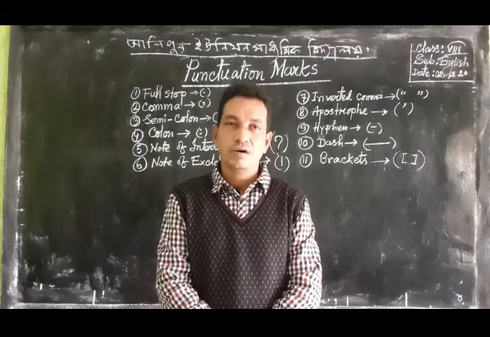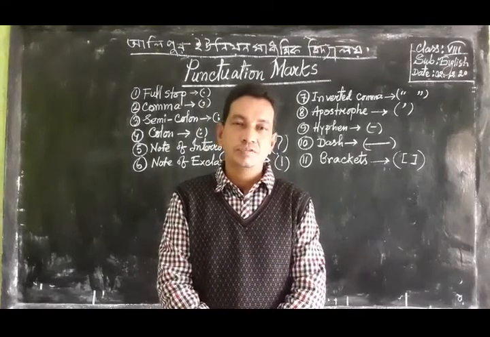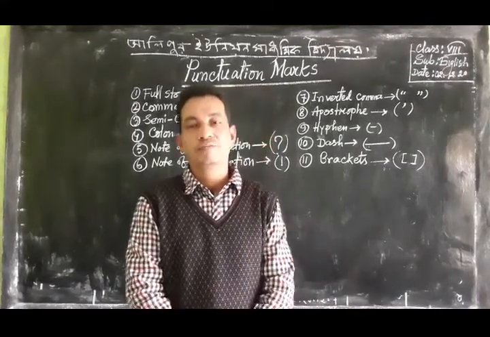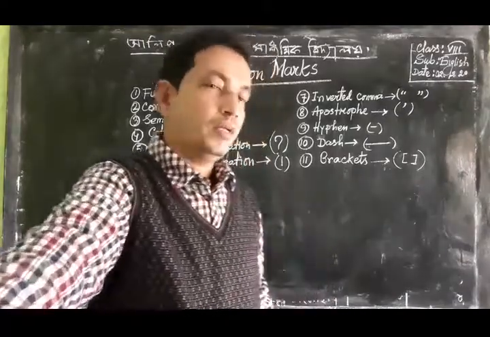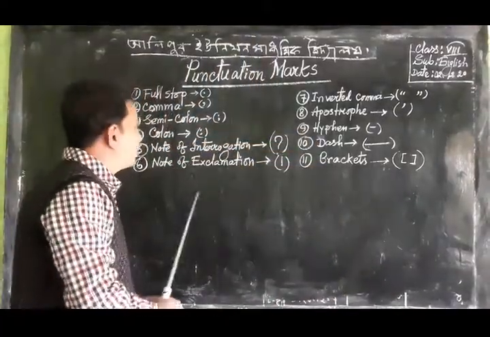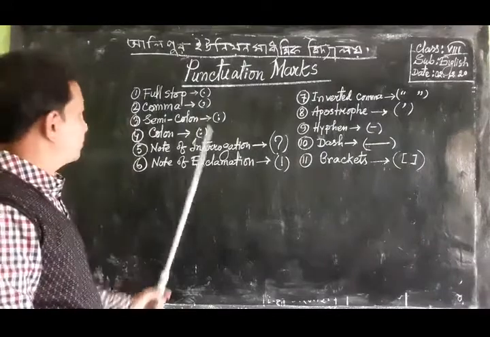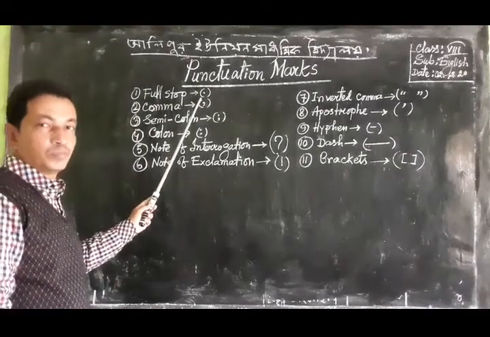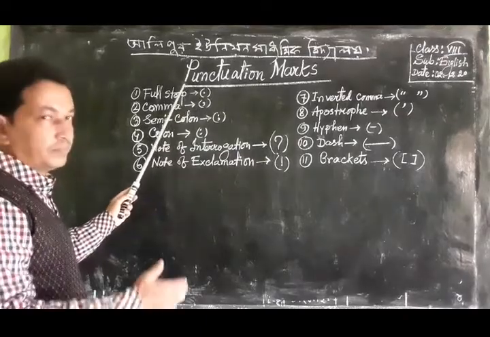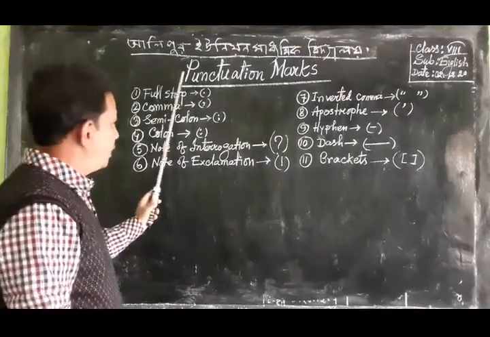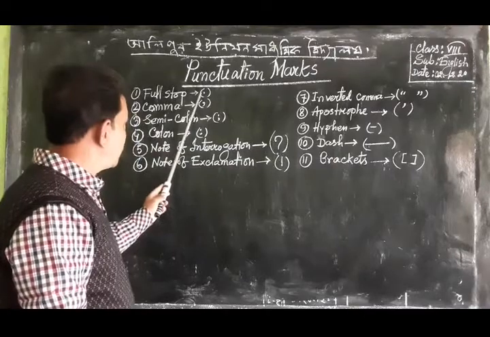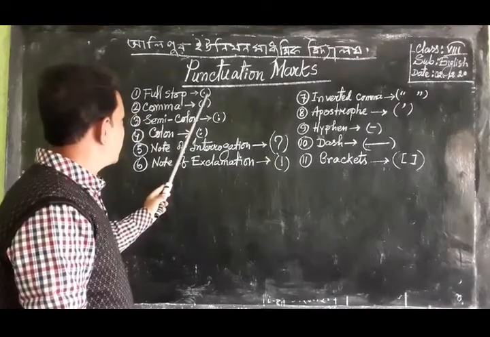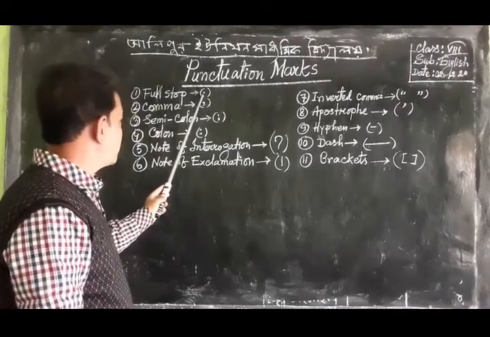There are so many signs in punctuation. I have already written on the blackboard, and you can see the punctuation marks written on the blackboard. First of all, full stop, and I have also drawn the signs of the punctuation marks.